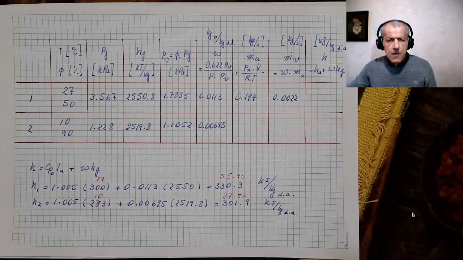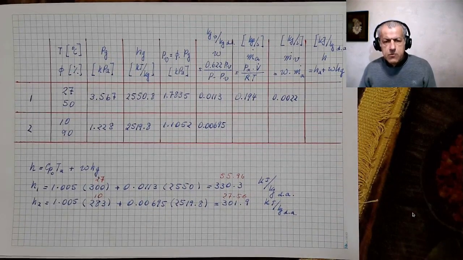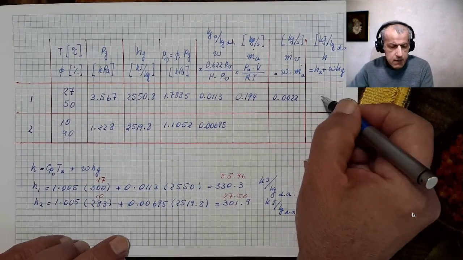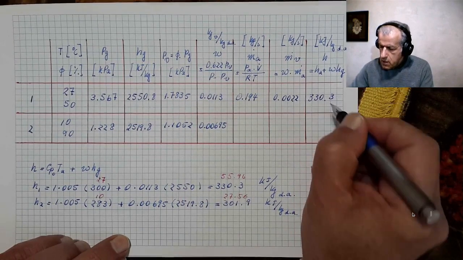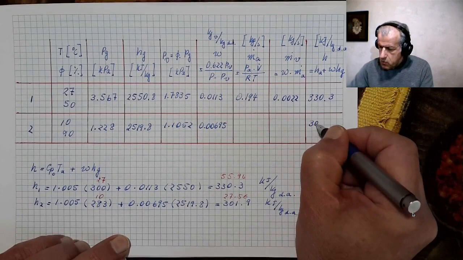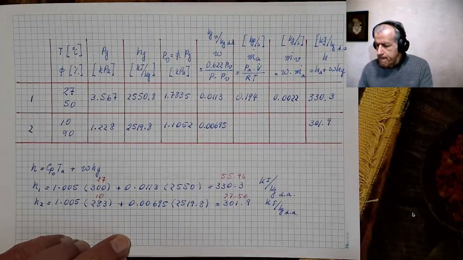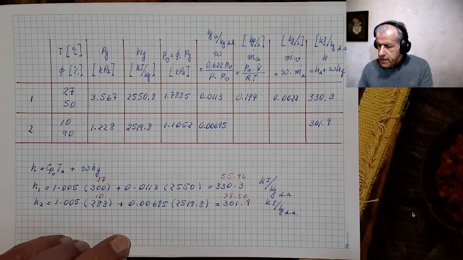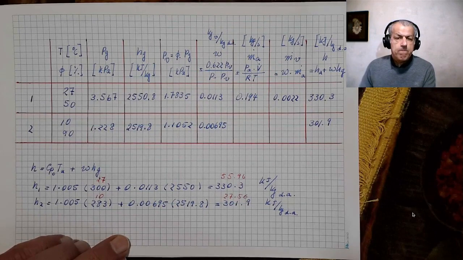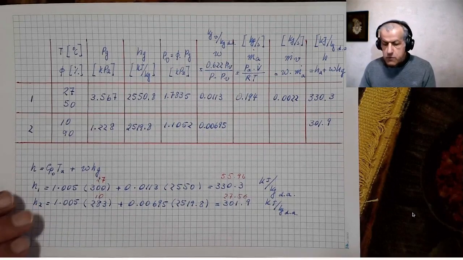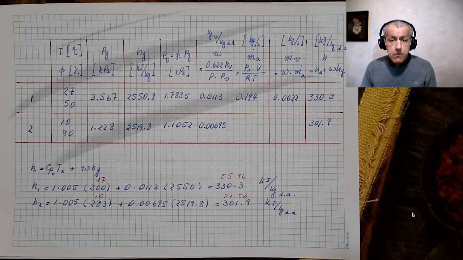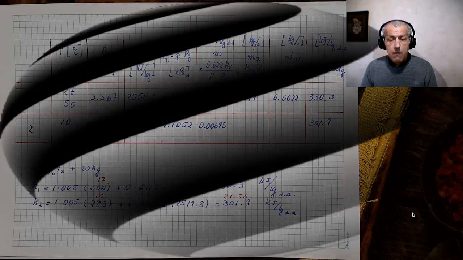Okay. So let's move these values to our table, and we will have 330.3 here and 301.9 here, kilojoules per kilogram of air, which is in fact the enthalpies of incoming and outgoing flows as compared to 1 kilogram of dry air.